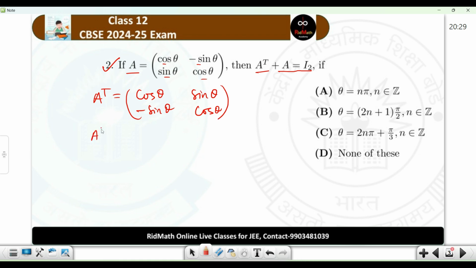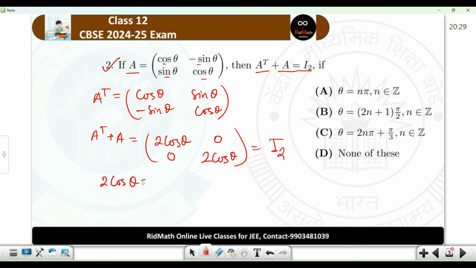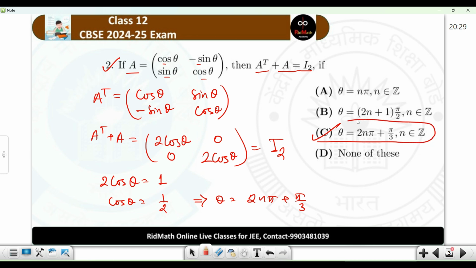So A transpose plus A is equal to [2 cos theta, 0; 0, 2 cos theta]. So this is equal to I2. That means 2 cos theta equal to 1, that means cos theta equal to half. So from this, theta equal to 2n pi plus pi by 3. That means C option is correct.